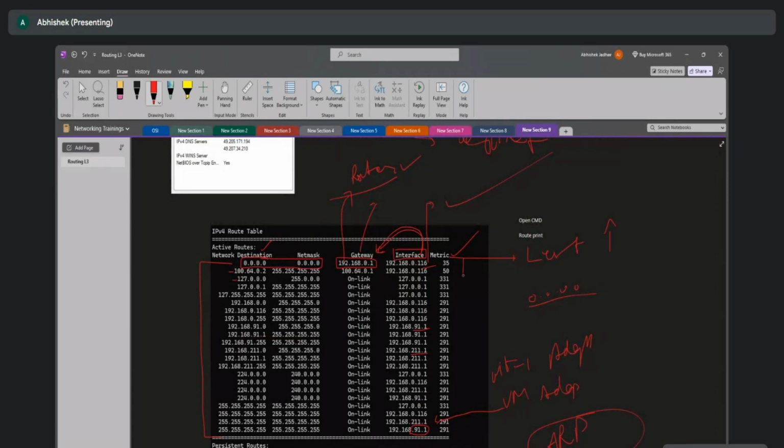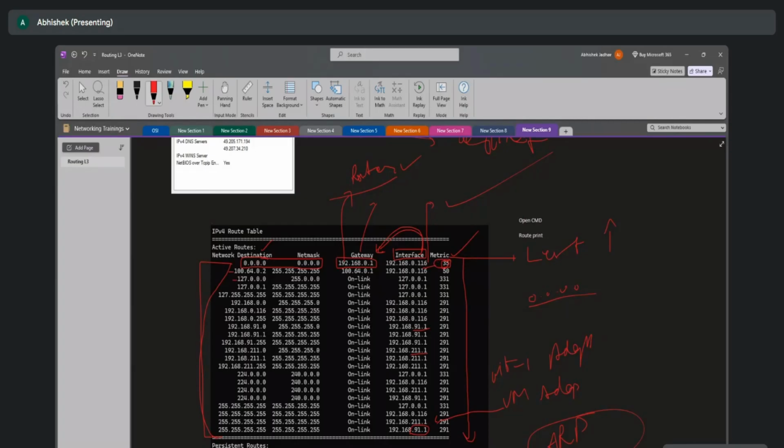So if you see the whole IP route table here, what's the least number here? The least number is 35, which indicates that your system should prefer this particular interface to get out of the network, right? If it falls within this particular bracket, that is 0.0.0.0, that means it is not matching any of these. If it is not matching any of these, it should go via this interface because the metric is the least.